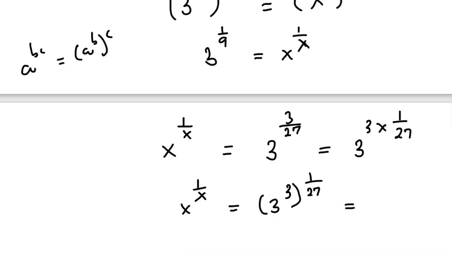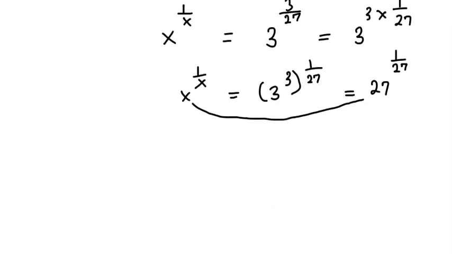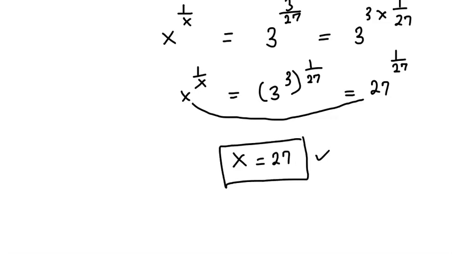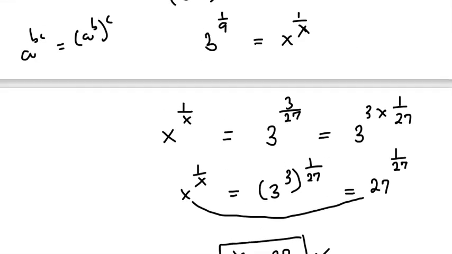So this will be equal to 3 to the power of 3 is 27, then raised to the power of 1 over 27. Now compare the left hand side and the right hand side. You will see that x is equal to 27 is an obvious solution, right? So this is an integer solution, but we still have another real solution. So let's go ahead and figure it out.